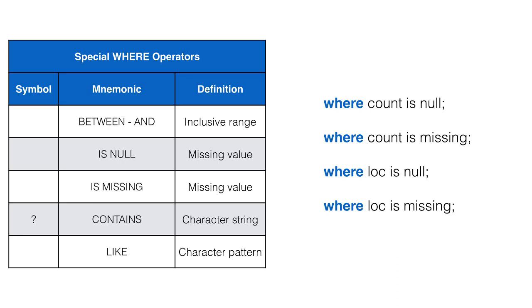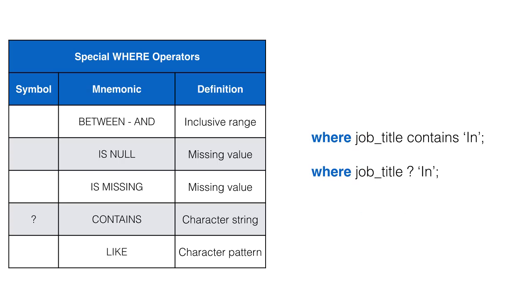The IS NULL and IS MISSING operators select observations in which the value of a variable is missing. These operators can be used for both character and numeric variables. The CONTAINS operator selects observations that include the specified substring. The position of the substring within the variable's value does not matter.